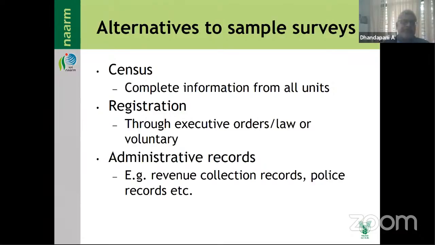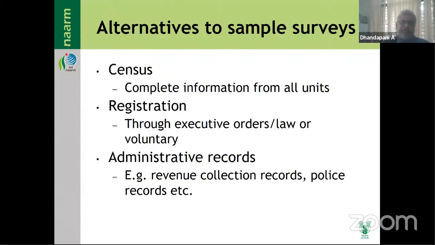That's why censuses are conducted at a very infrequent frequency, and also very little information is collected because of other issues. When you go to collect the data, there are other issues which we'll be discussing later on in my lecture.